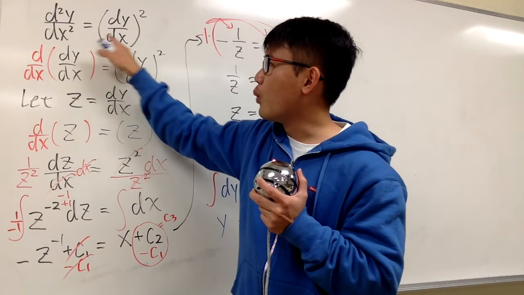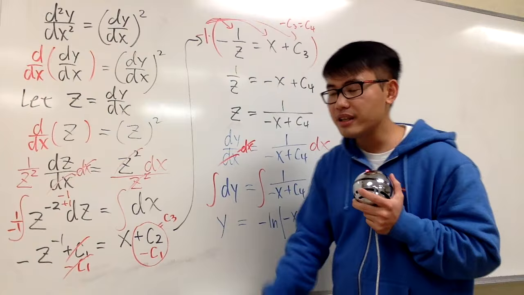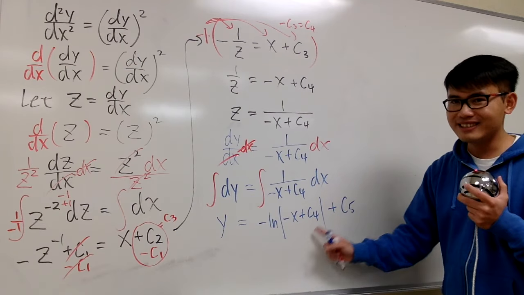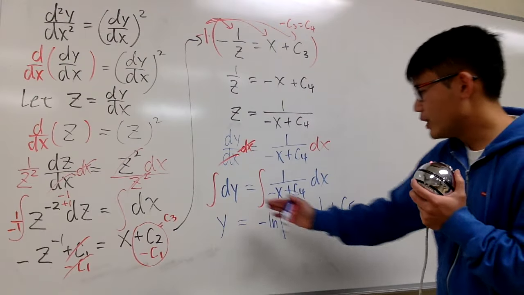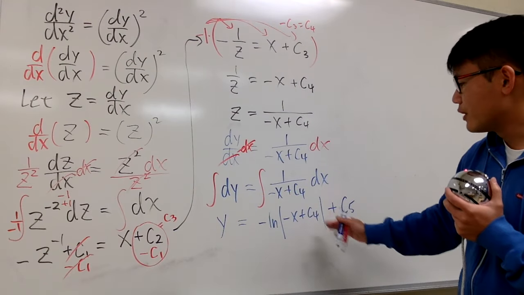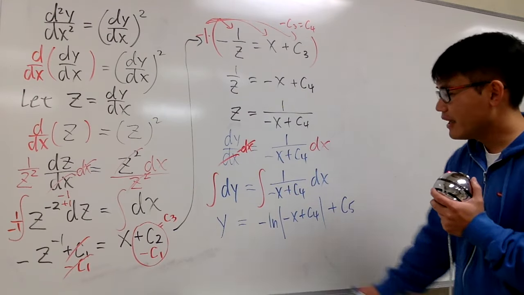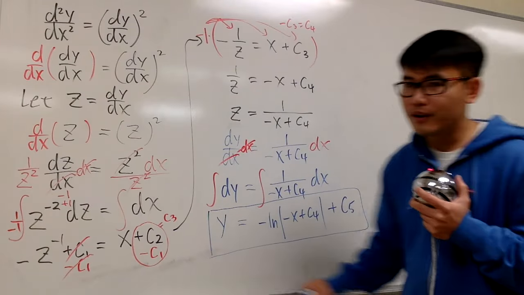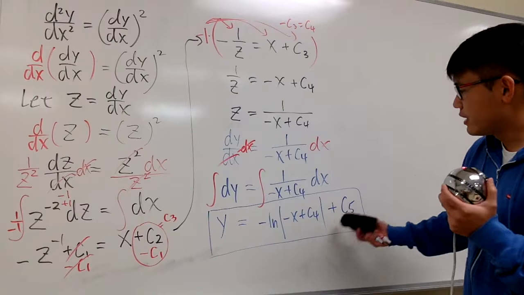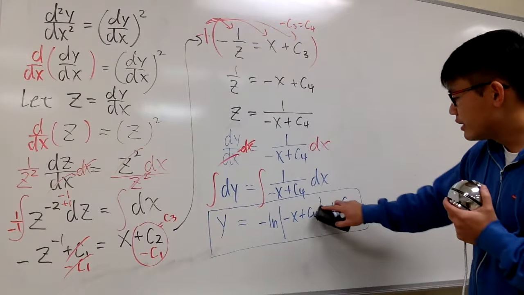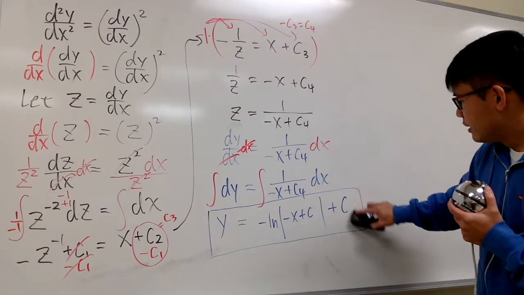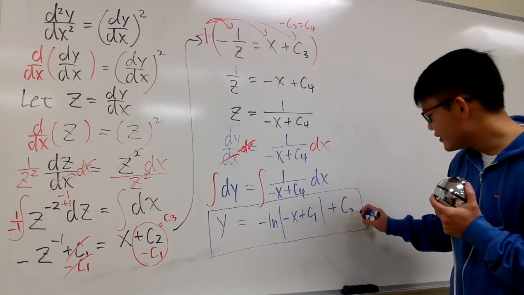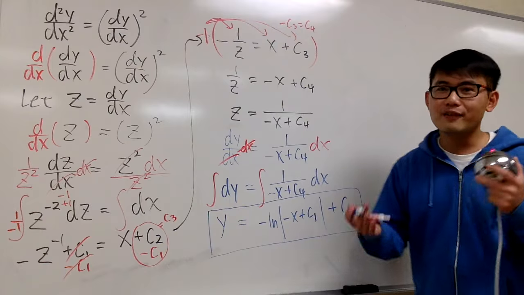At the end, you can expect to have two different constants. And this is it. We have y is equal to -ln of absolute value of this, and then plus c5. And if you would like, you can of course box this for the answer. However, because we are done with the process, we can legitimately relabel this as the legitimate C1 and the legitimate C2 that we want to present for the answer.